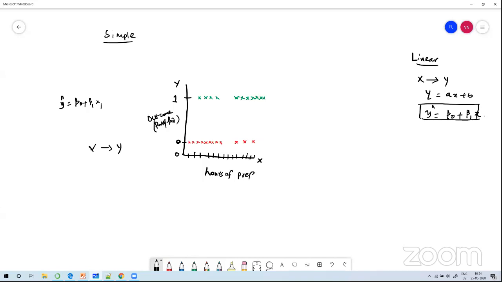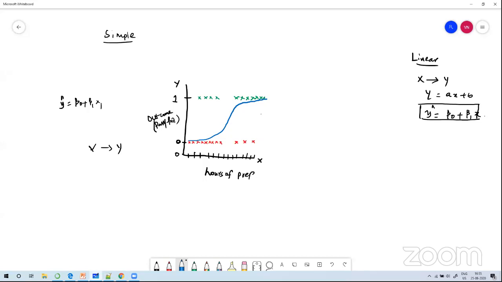So instead of a linear line, we want to represent the relationship between X and Y with a slightly better one. And let's see what that is. Now, we can represent the relationship between X and Y using some sort of equation like this, where when X is small, this line is taking very small values, and when X becomes large, this line is going to take large values.